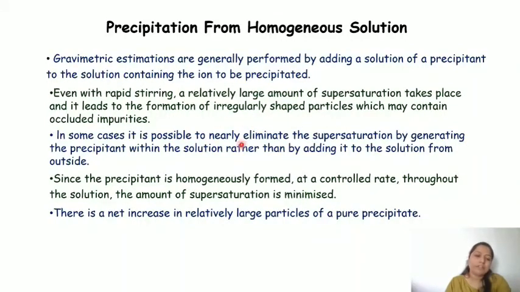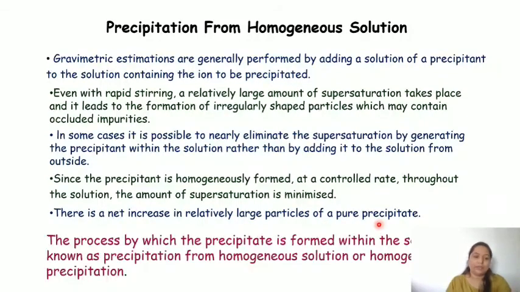But when we generate the precipitant within the solution, then relatively large particles of pure precipitate are formed. So precipitation from homogeneous solution means the process by which the precipitate is formed within the solution is known as the precipitation from homogeneous solution or homogeneous precipitation.